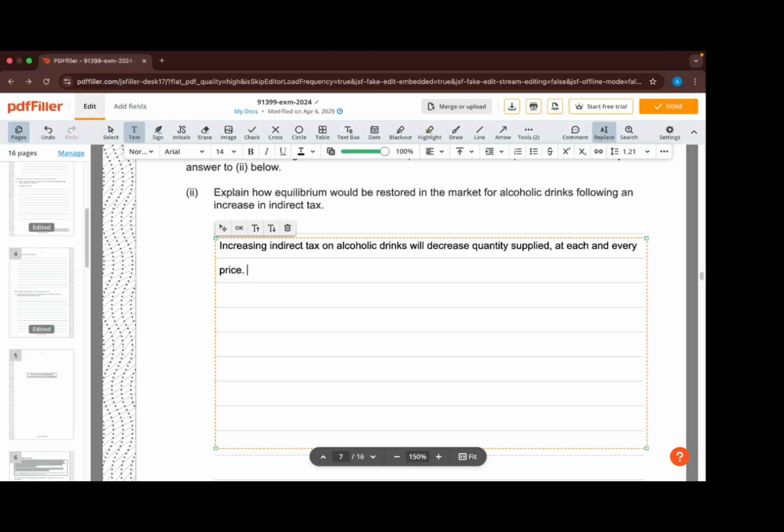Obviously, guys, because it's decreasing at each and every price, the supply curve is shifted to the left. See those lines we drew on our graph, guys. We'll now give a few more details about how that shortage was created.